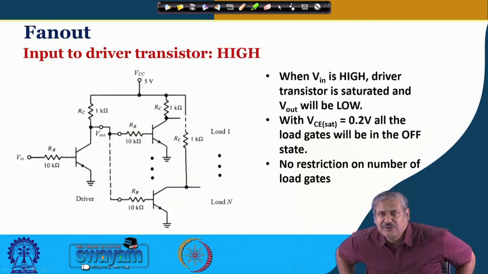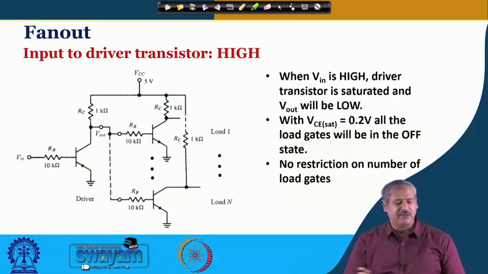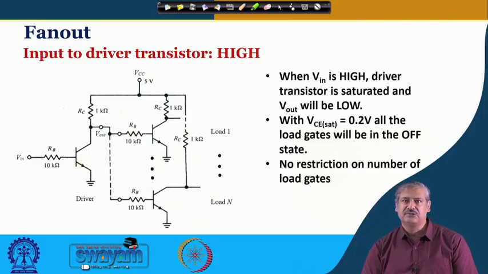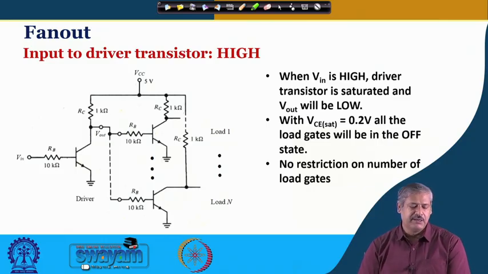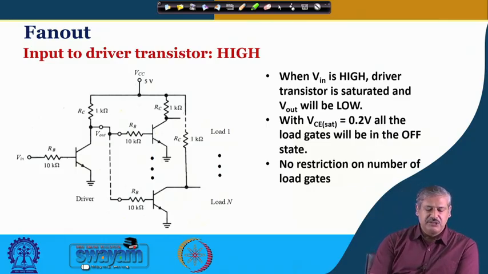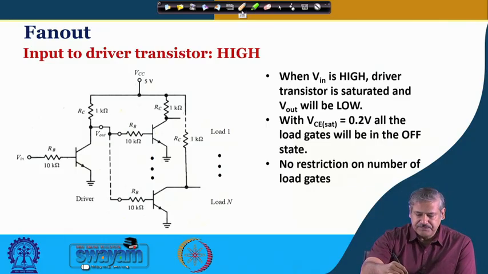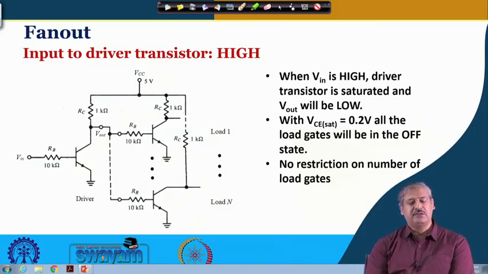Now, we shall end with one important term called fanout, and the example that we are talking about for noise margin, if we take it a little bit further. Here what we see is that a gate will never work in isolation.